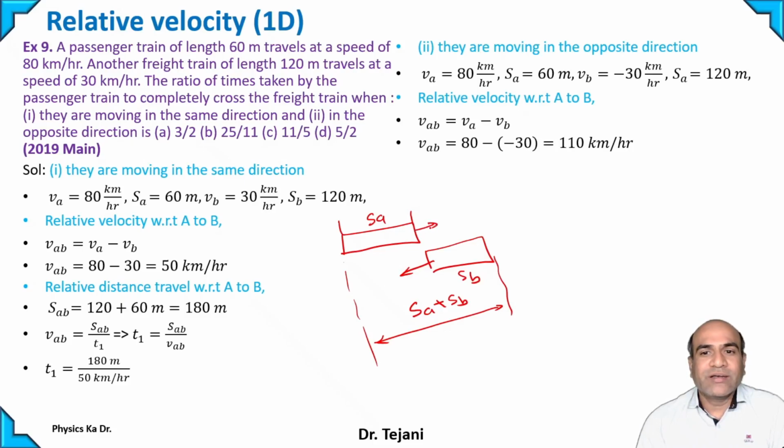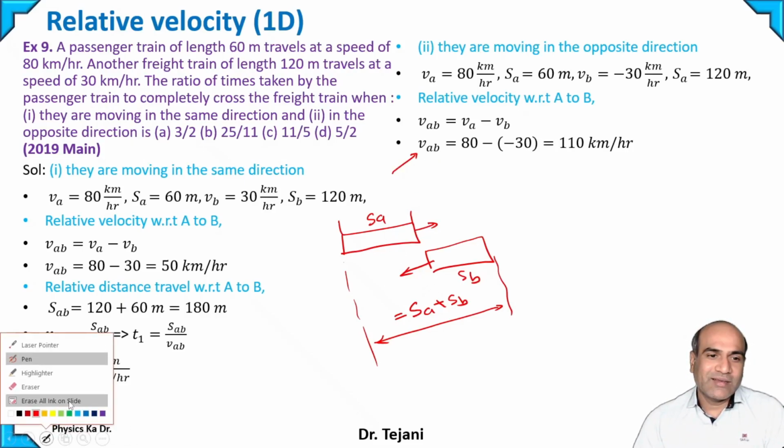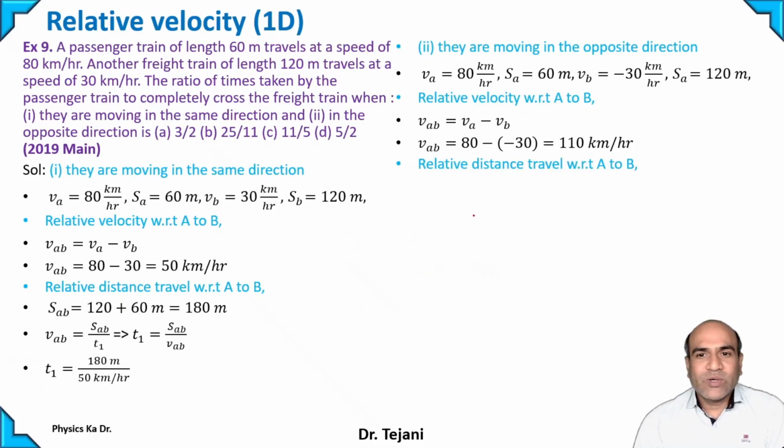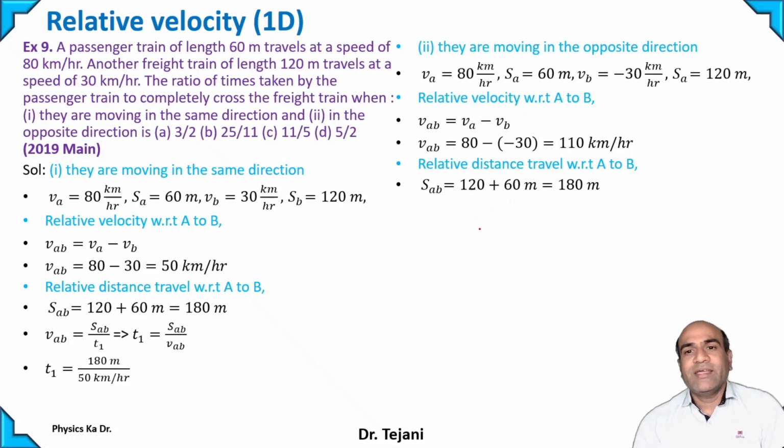Whatever direction is given for a train, the total distance traveled has to be the length of both trains. Otherwise, if you just subtract, your answer will be wrong. So relative distance traveled from A to B is 120 plus 60, that is 180.